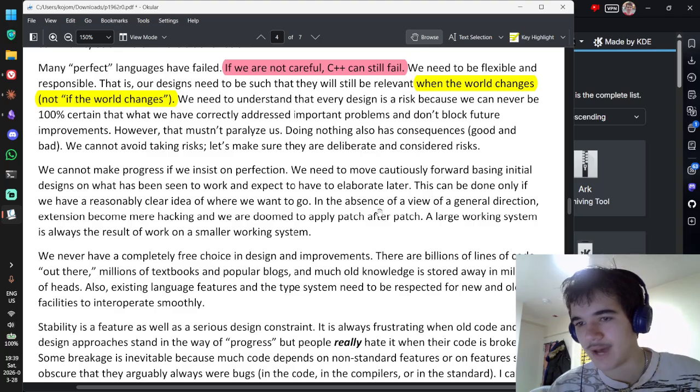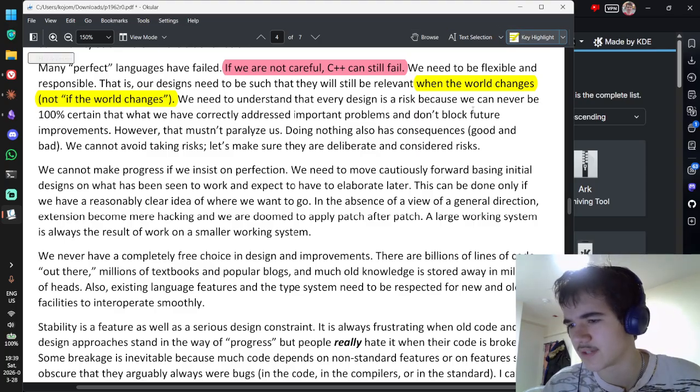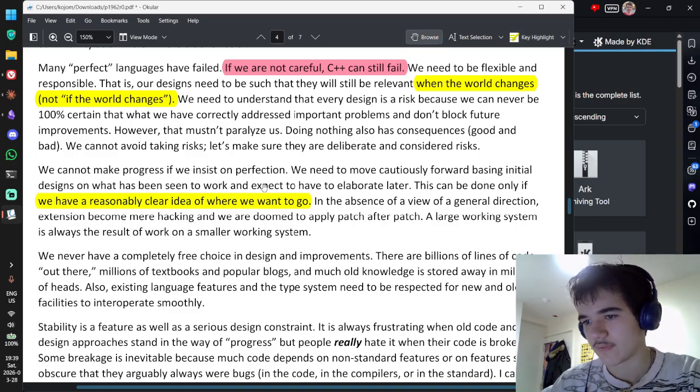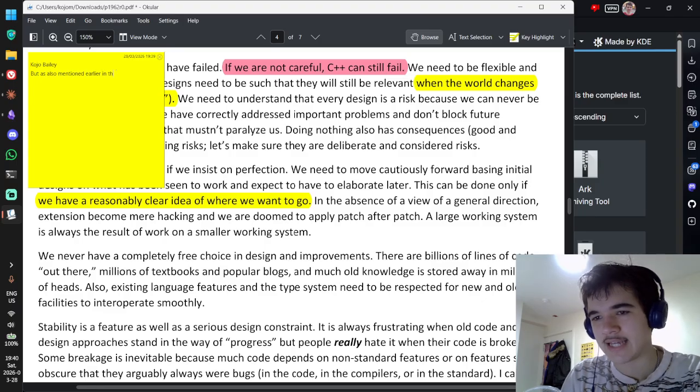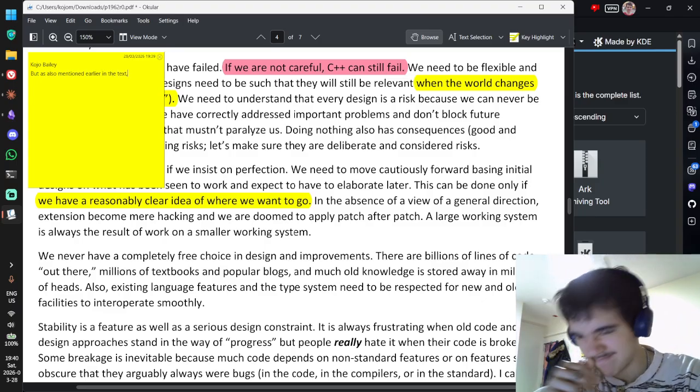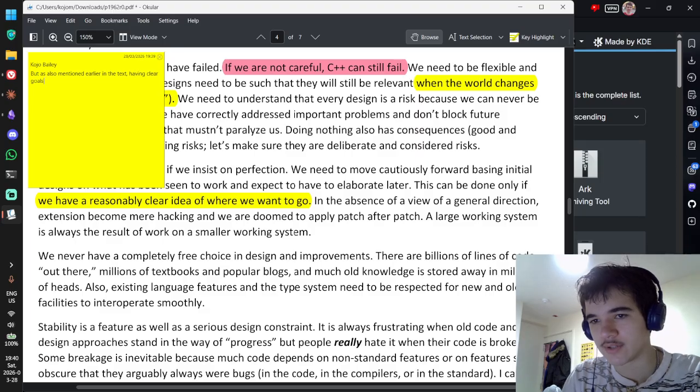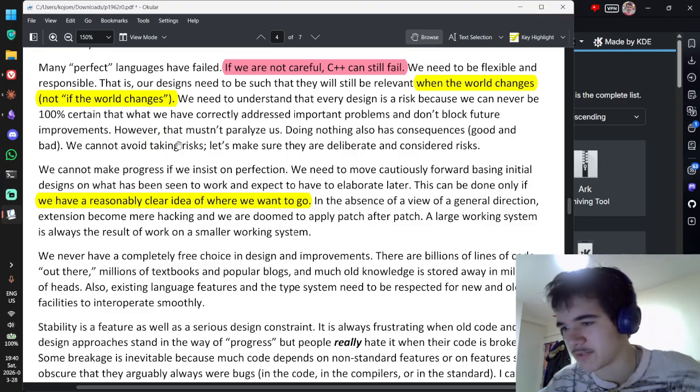Having a clear goal, as also mentioned earlier in the text, is difficult, but not impossible.